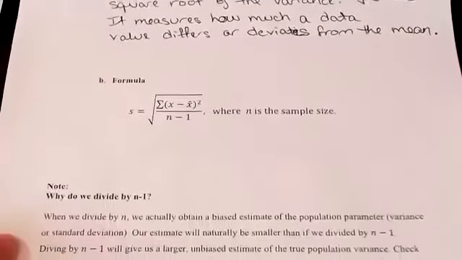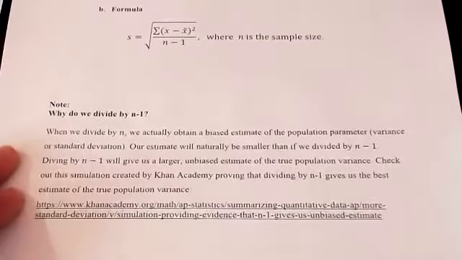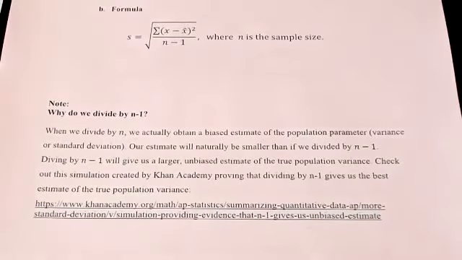I put a little blurb here for why we divide by n minus 1, because it's not really all that intuitive. So would somebody volunteer to read that little blurb? Why do we divide by n minus 1? Go ahead, Sam. When we divide by n, we actually obtain a biased estimate of the population parameter, variance or standard deviation.